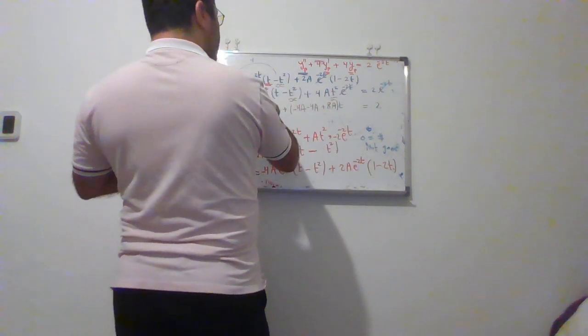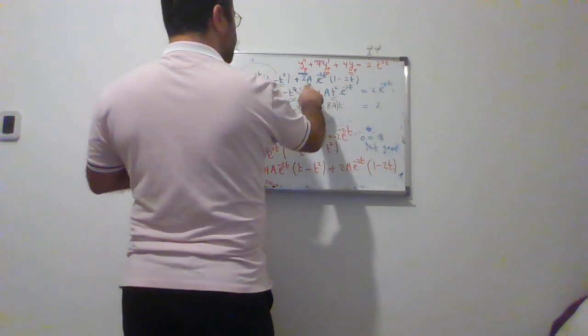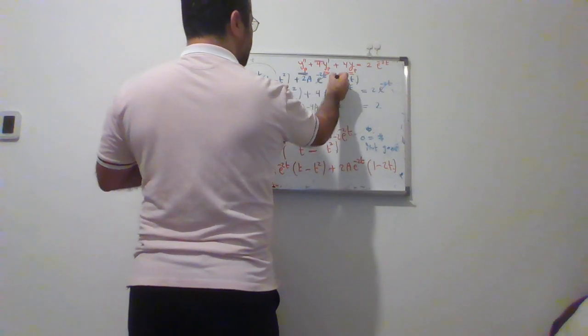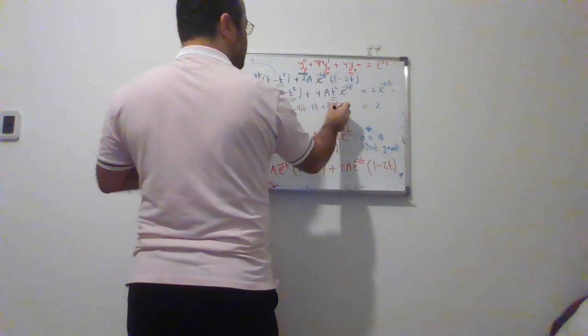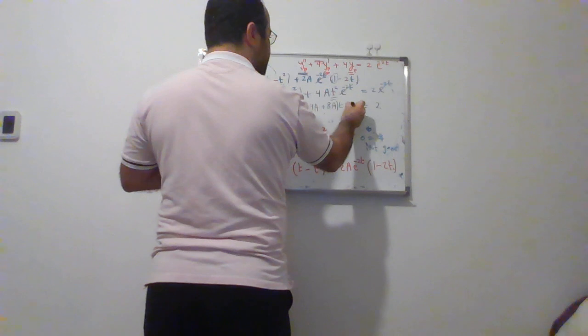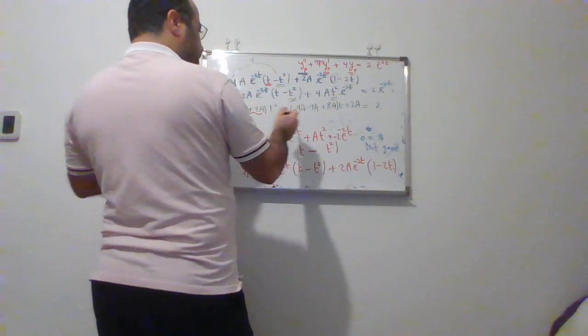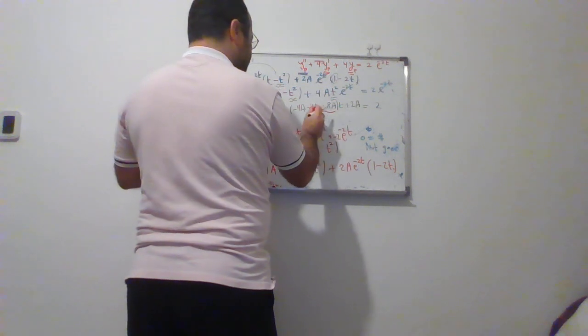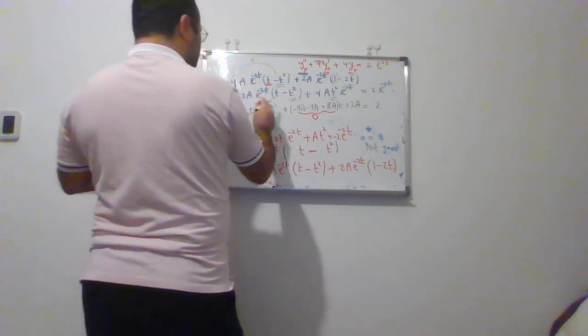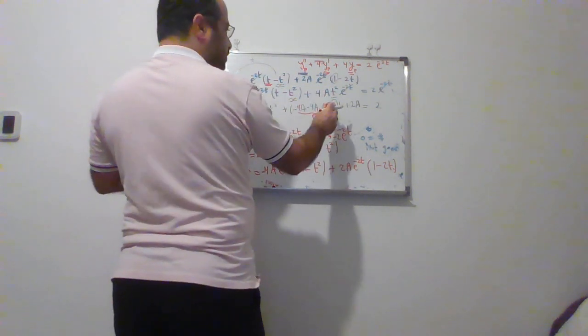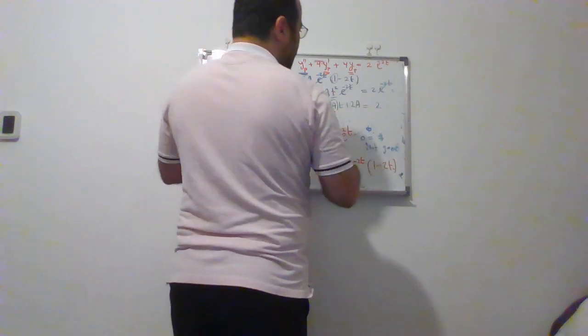And the last thing, which is the most important one, is the constant. So constant here, we have 1 times 2a, you get 2a, right? Yeah? Now, this is also 0. So it is kind of 0t squared, 0t, and 2a equal a.